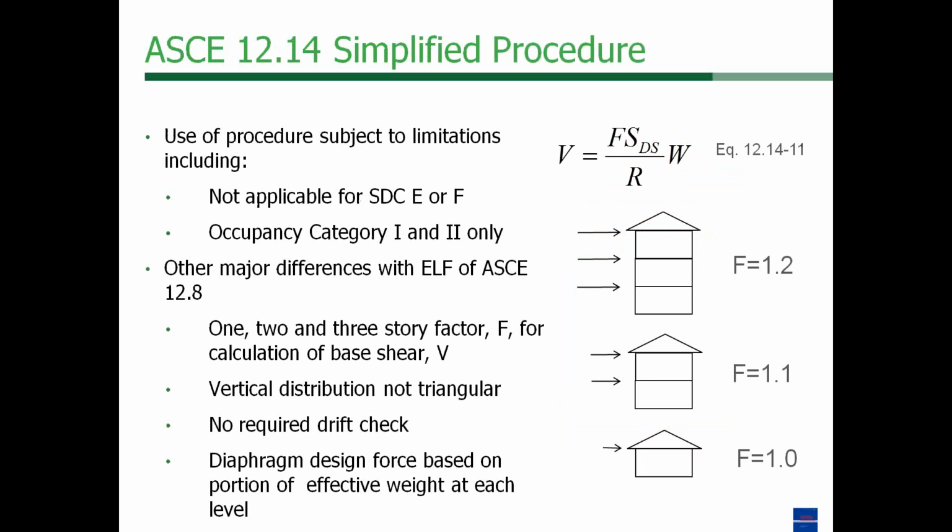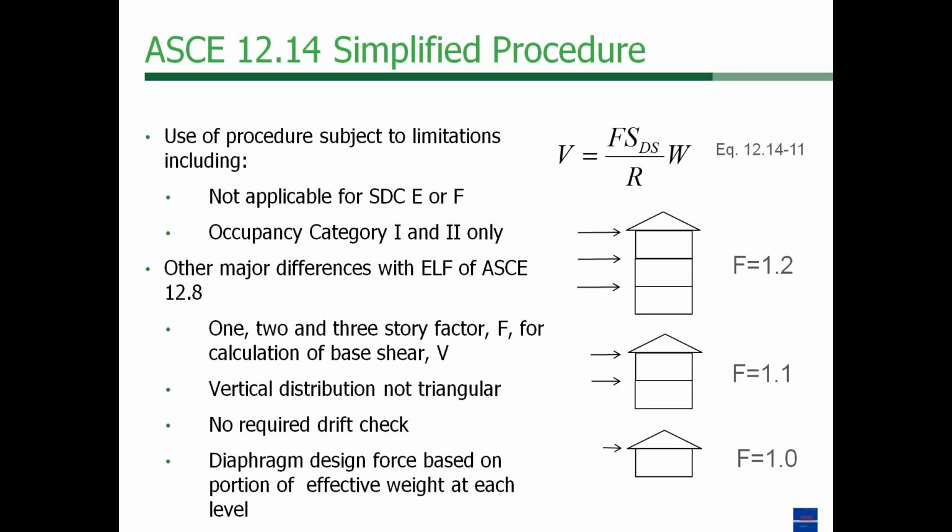So let's look briefly then at the ASCE 7 simplified procedures. It's applicable to 3 stories or less, occupancy categories 1 and 2, and up through seismic design category D. Some of the benefits: we don't have to go through the normal triangular distribution.